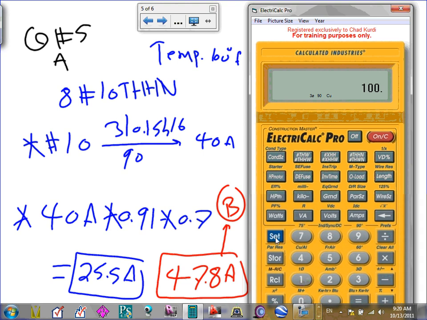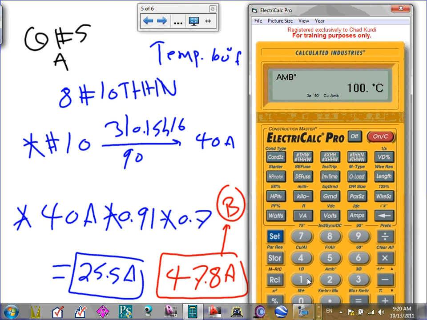So I set my ambient temperature to Celsius. Oh no, we don't want Celsius, buddy. We're in Fahrenheit. Let me set again and see if it switches. Where's the switch between Celsius and Fahrenheit?